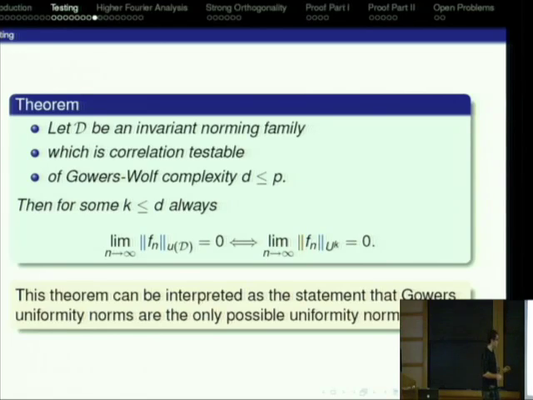Okay, so in a very vague sense, this statement can be interpreted as saying that these uniformities that come from Gowers uniformity norms are the only possible uniformity norms. So when we started thinking about this question, we weren't thinking about testing that much. We wanted to see if you can find some other notions of uniformity.